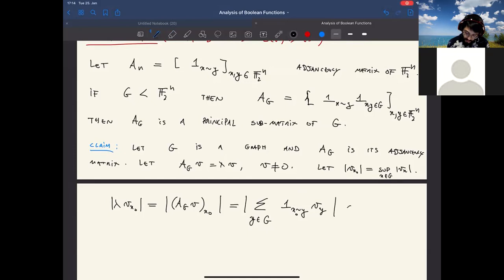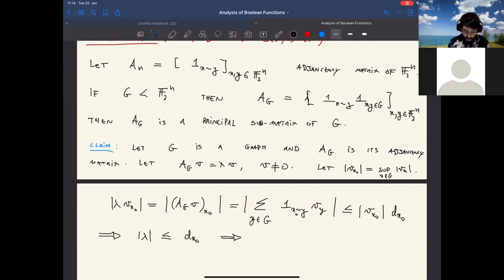But then what you can do is bound this just by the maxima. So you put f of X naught, which is the maxima of the moduli, and then you have the sum of these things, which is the degree of X naught. And so you conclude the modulus of lambda is less or equal than the degree of X naught.